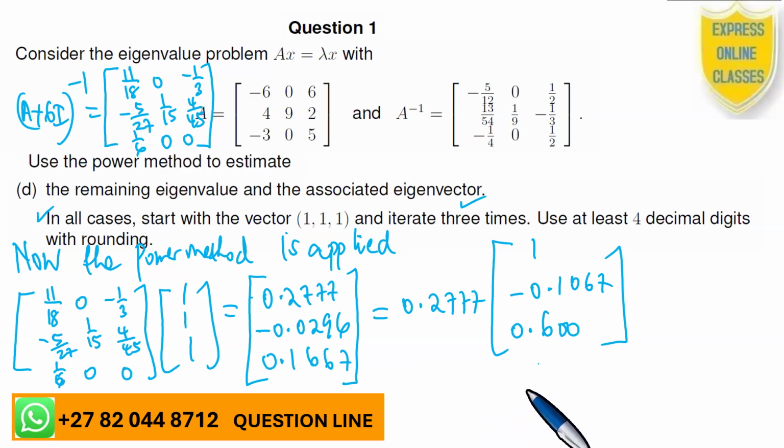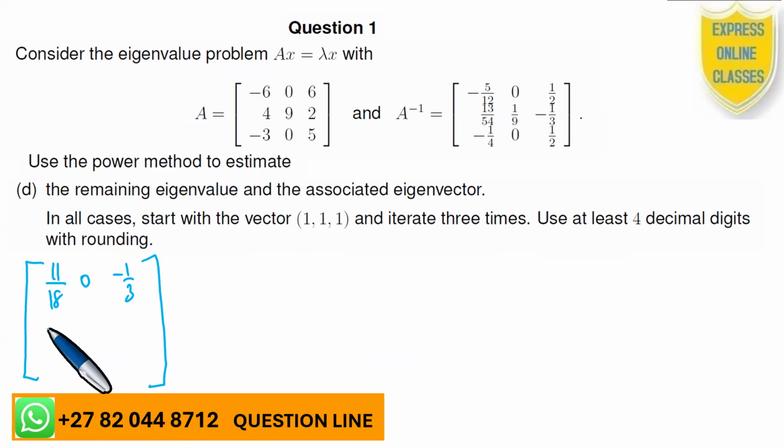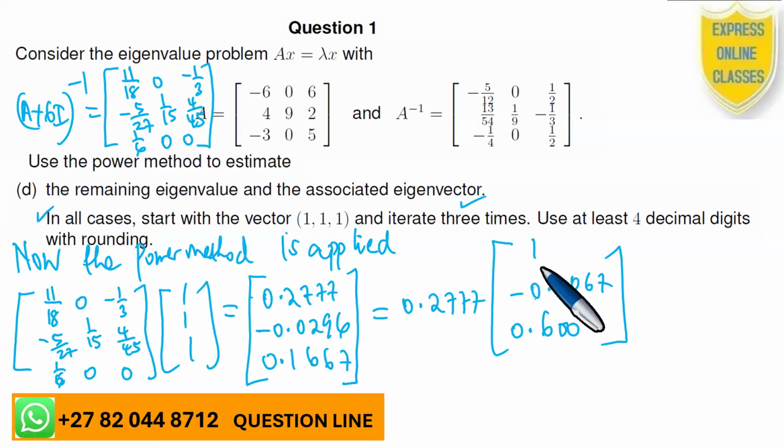To do another one, we're going to take the matrix we got, which is 1 out of 18, minus 1 out of 3, 1 out of 15, 4 out of 45, 1 out of 6, and then you multiply by this vector, the 1, minus 0.1067, and then the 0.6, etc.